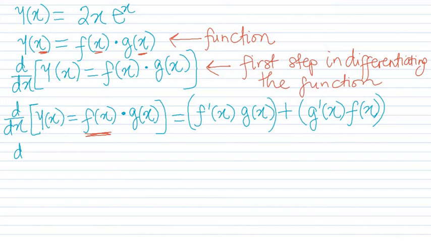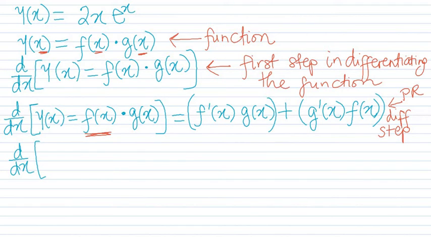So this is basically what the product rule differentiation looks like here. Product rule, which I'm going to call PR, differentiation, I'm going to call diff. Product rule differentiation step, or major step, looks like this, right?